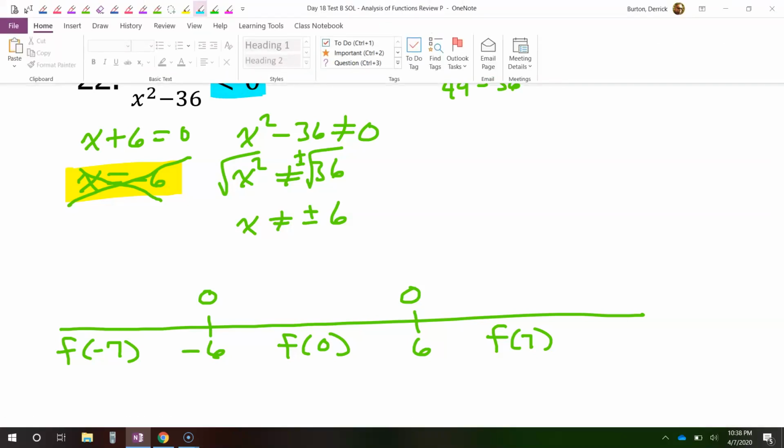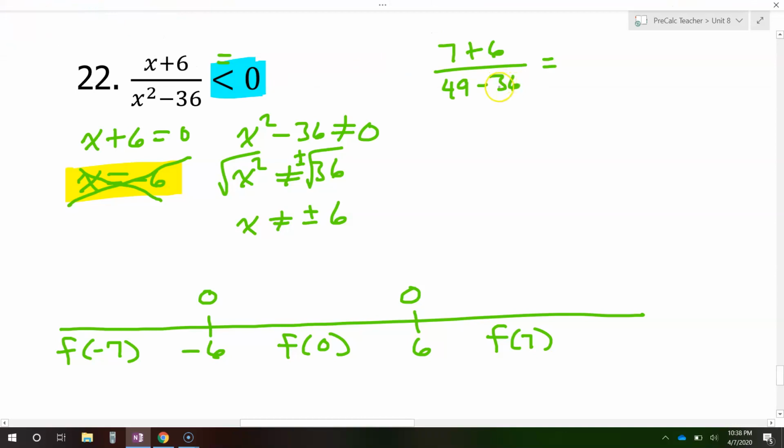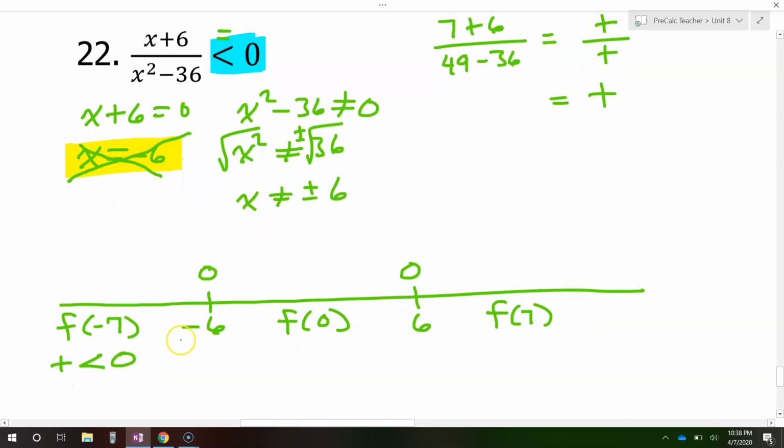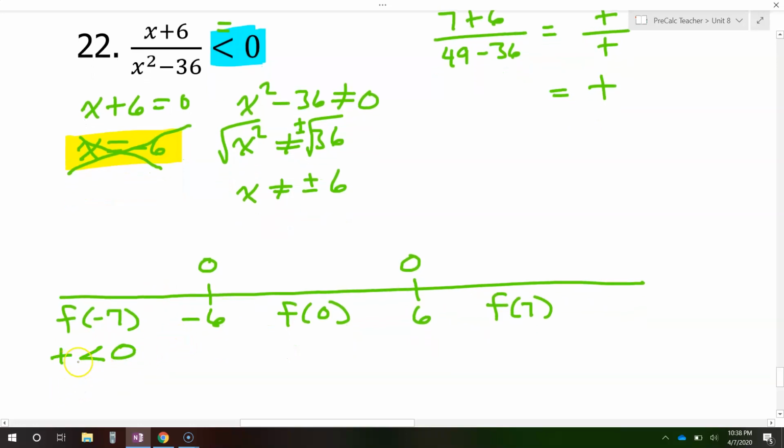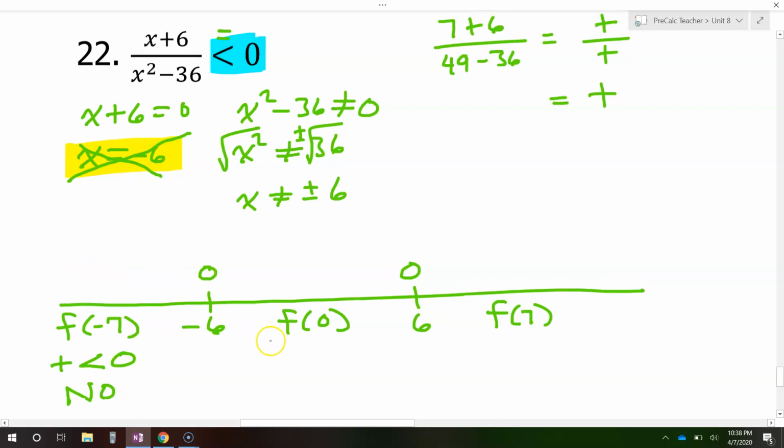That's the key. This is going to be a positive, and this is also a positive, so that gives us a positive. Will a positive number be less than 0? No, a positive number will never be less than 0. So this is going to be a big old no. There will be no solutions here.